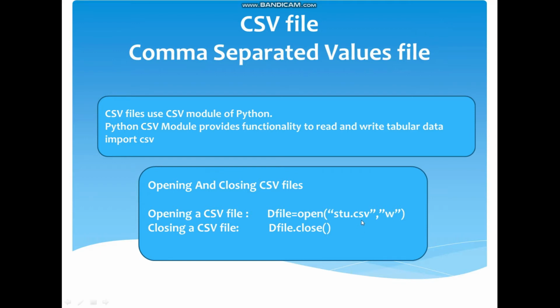Here we are mentioning csv, not txt, because we are making a comma separated value file. stu is the name of the file, and we are opening this file for writing purpose. The mode always has to be specified when you are creating the object. Similarly, to close, you use object dot close.